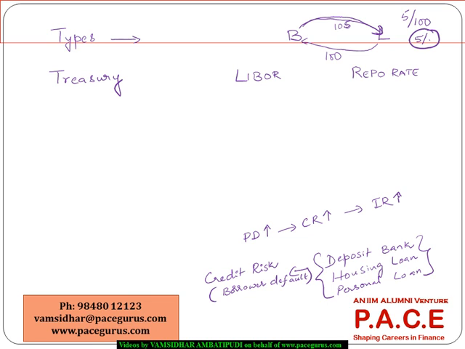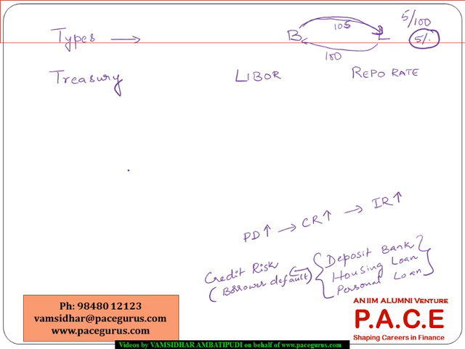So the higher the credit risk, the higher the interest rate promised by the borrower to the lender. And that is how the interest rate numbers differ from transaction to transaction. A pure analysis of credit risk, the possibilities of default, will give rise to what kind of interest rate should be applicable.